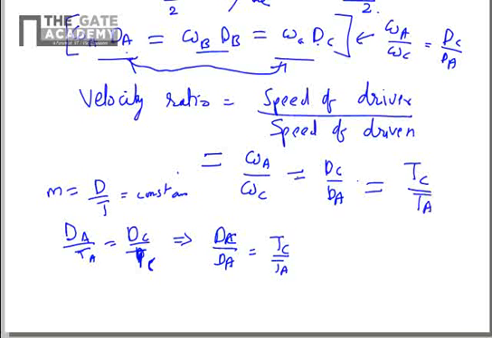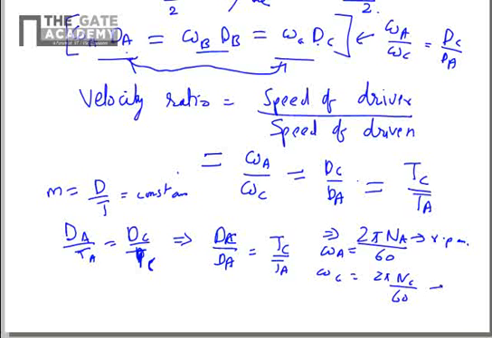So the angular speed of A can be expressed as 2 pi NA, where NA is the rotational speed in RPM divided by 60. Omega A is equal to 2 pi NA by 60. Similarly, omega C is equal to 2 pi NC by 60, NC in RPM. If you substitute these values here, 2 pi by 60 is a common term that will get cancelled, and we'll get the velocity ratio equal to NA, RPM of input, divided by RPM of output, that is NC.